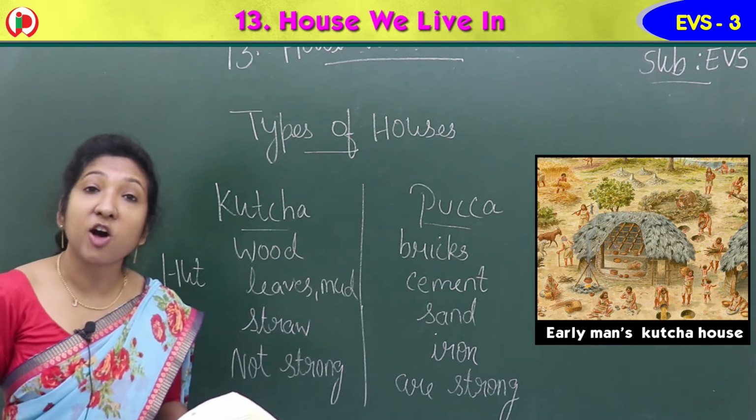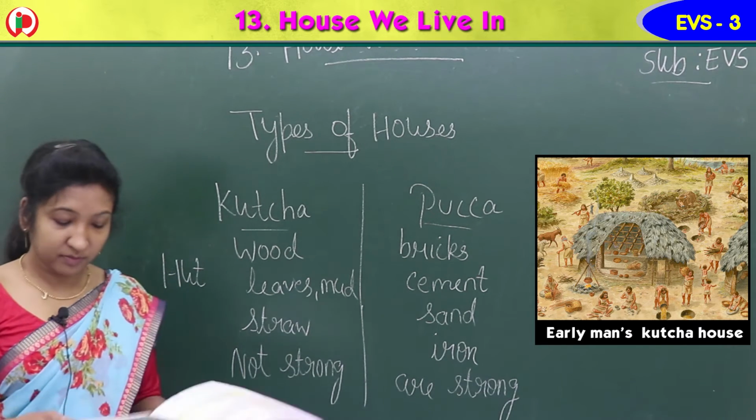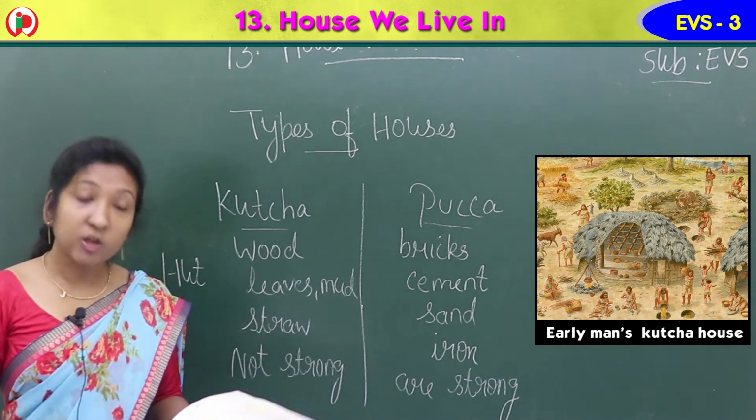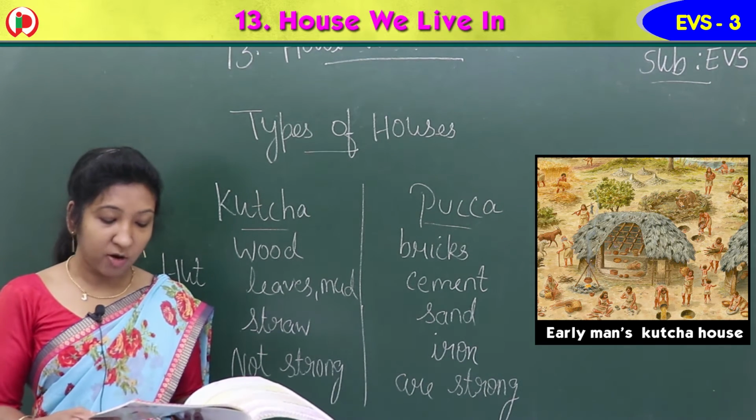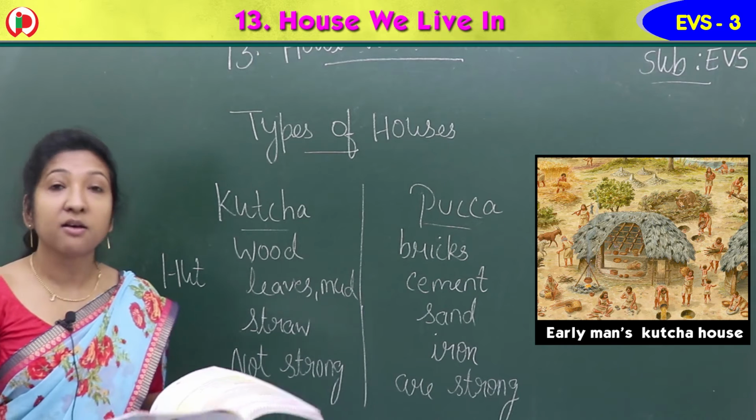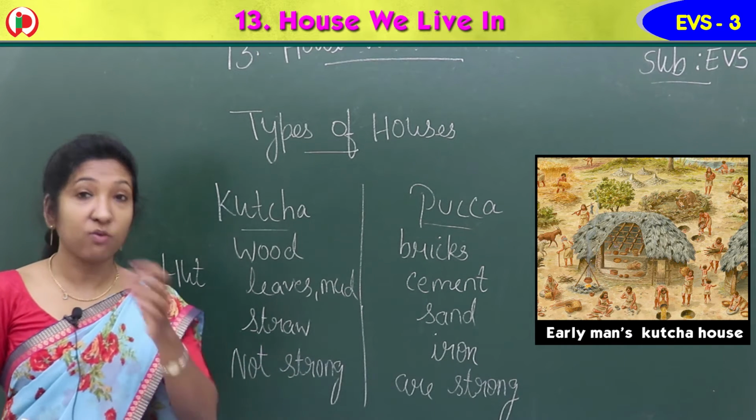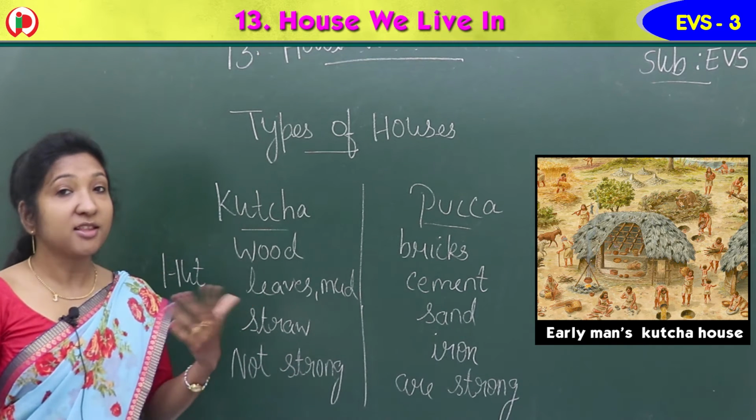Such houses are called huts. They are also called kacha house. They can be easily broken and blown away by storm and rain. If heavy wind and rain comes, it gets broken.